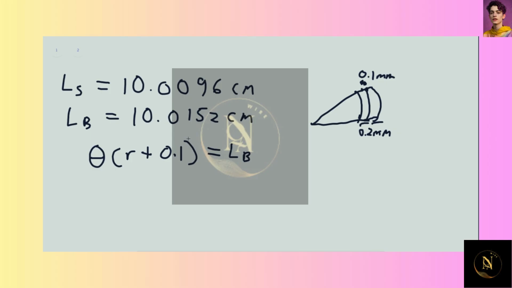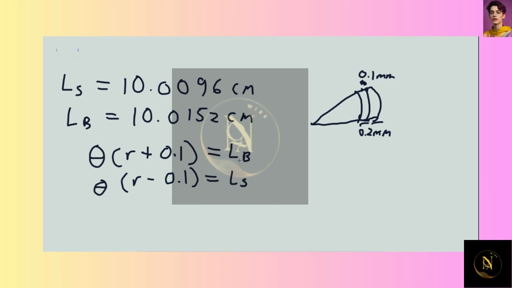That's where we get radius plus 0.1 for the brass strip is LB, and our angle times radius minus 0.1, the arc length of the smaller one, is equal to the length of steel.